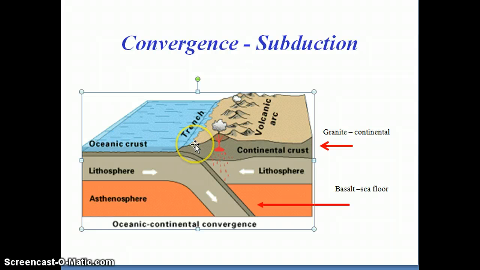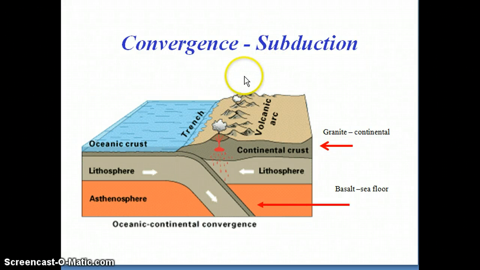You get a trench, which is usually a very deep seafloor feature. On the other side, you get a mountain range, so the coastal range is a result of subduction, from the scraping and buckling of this contact area.